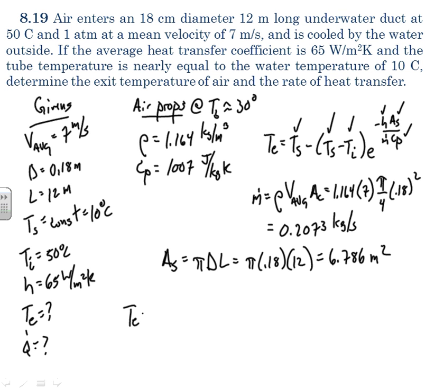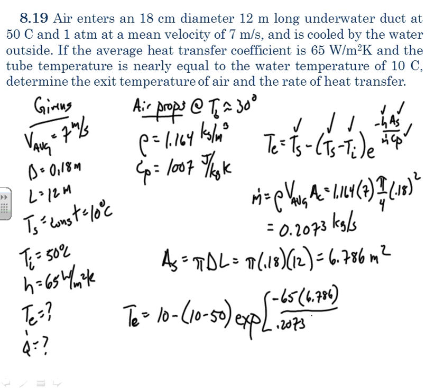All right, so now I can plug into my equation. T at the exit is just equal to Ts, which is 10, minus (10 minus 50) times the exponential of minus H, 65, times the surface area, 6.786, divided by m dot, 0.2073, the mass flow rate, times the specific heat, 1,007.